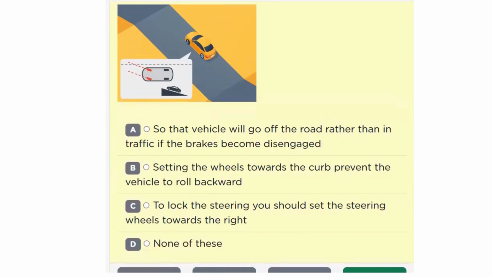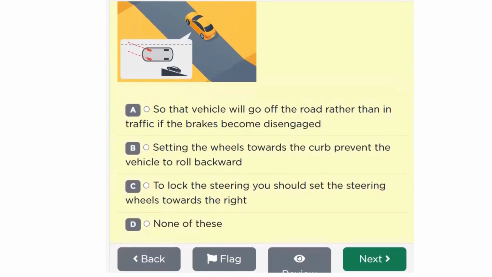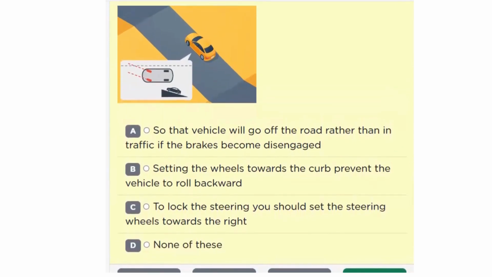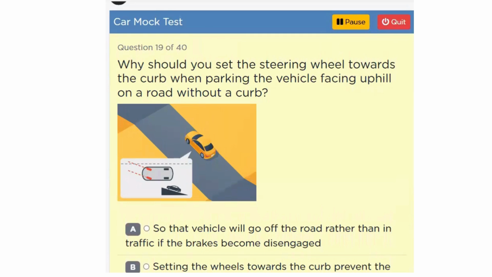Mm, I don't really understand the question. Why should you set the steering wheel towards the curb? Let me know if you understand this question. Facing uphill on the road without a curb.